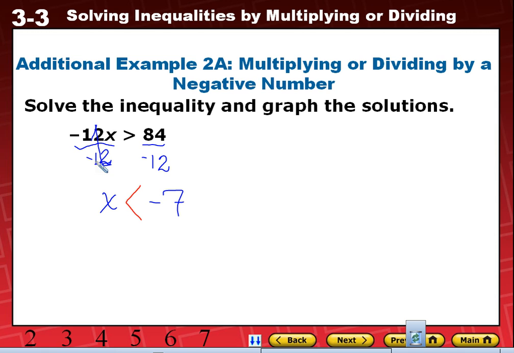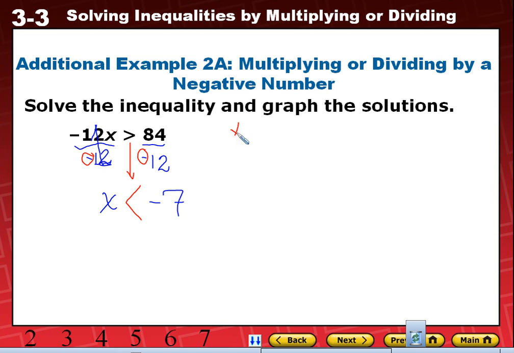It means that since I went ahead and divided by a negative number, I had to flip the symbol to its opposite direction. So make a note for yourself.